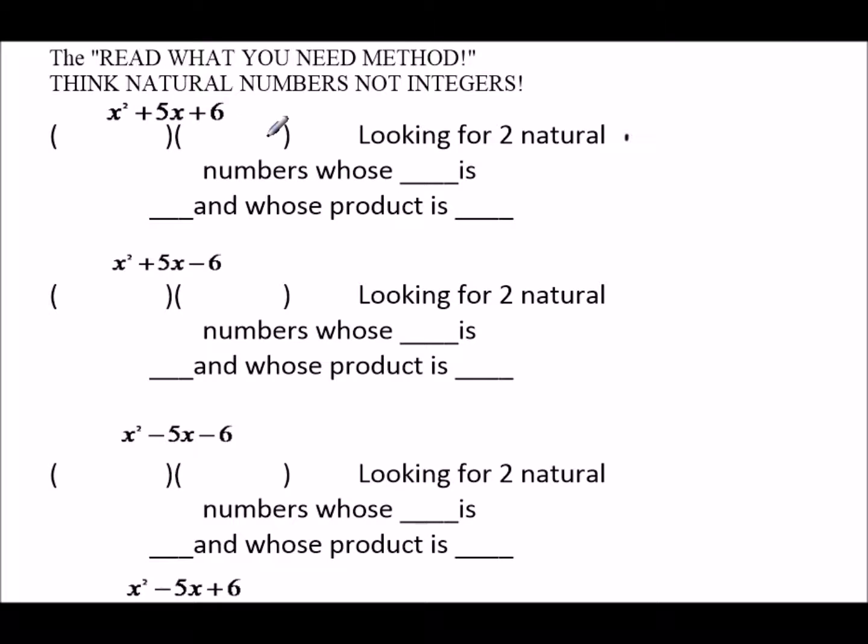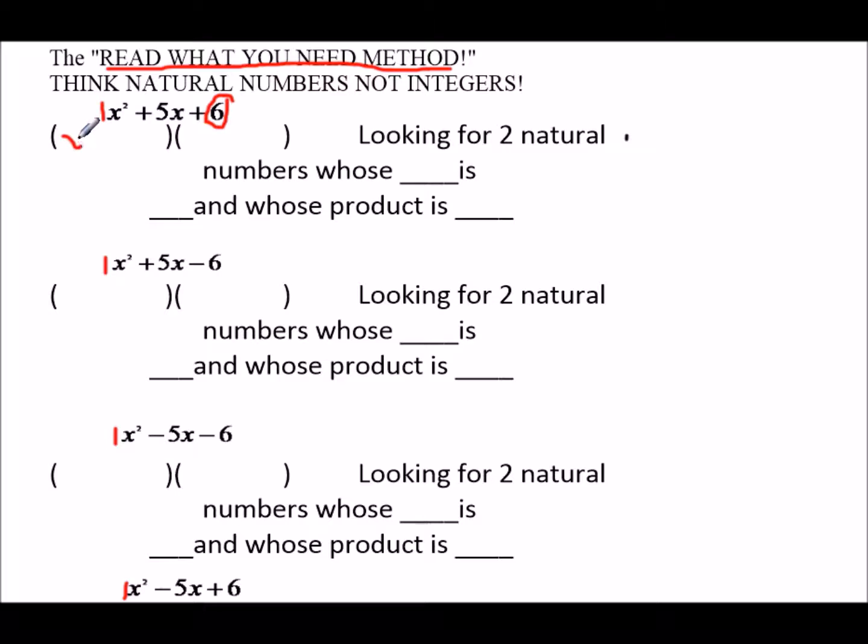Now, what Mr. Cosgrove said was that if there's a 1 here, which in these problems there are, you can, and I'm kind of adding to it, this is my own phrase here, the read-what-you-need method. You can read what you need. Watch how I read this. I'm looking for two numbers that multiply to give me 6.